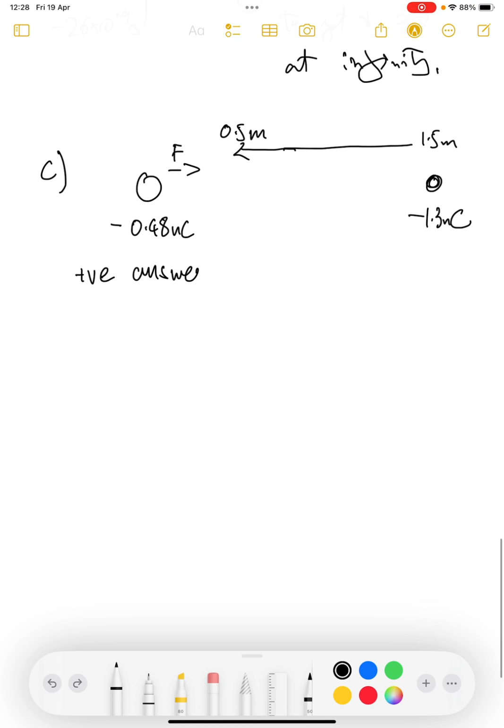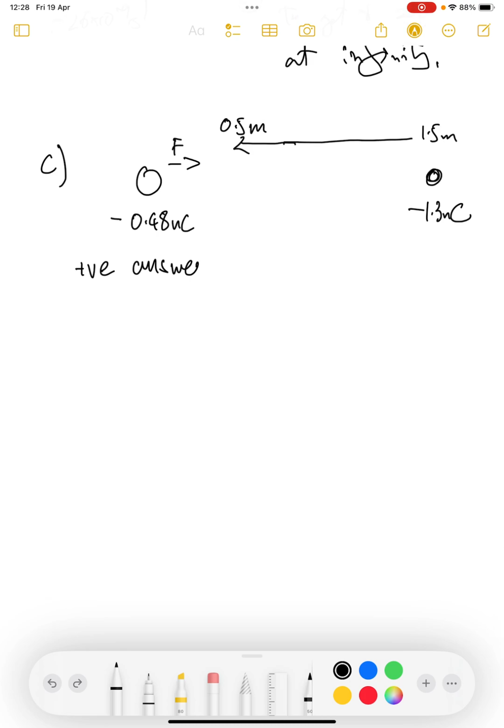So I can go back and I'm going to do this sum in two ways. So the work done is going to be basically the change in potential energy. So remember our EP is equal to K Q1 Q2 over R. So my delta EP is going to be E final minus E initial.